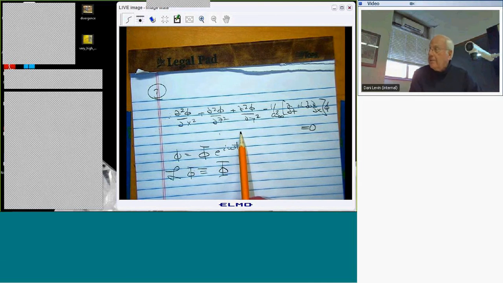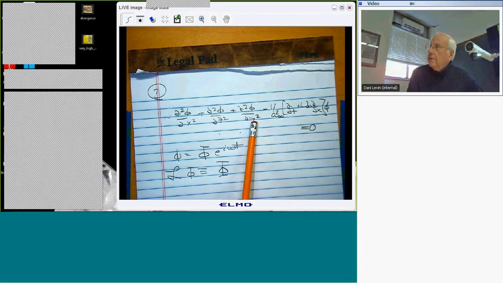But I don't know how to solve partial differential equations except numerically or by reducing a partial differential equation to an ordinary differential equation, which I can solve analytically. So I've got to do something about this term. I got rid of this term basically by transforming with respect to x. Well, maybe I should transform with respect to y. Why not?